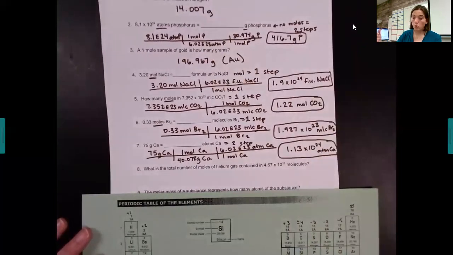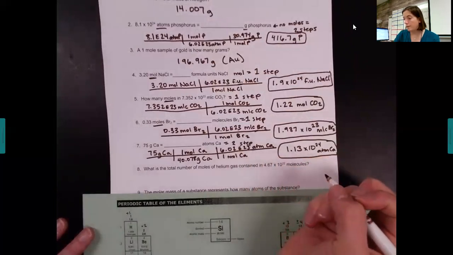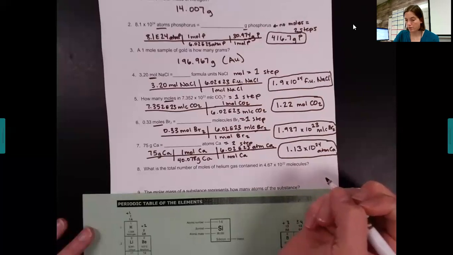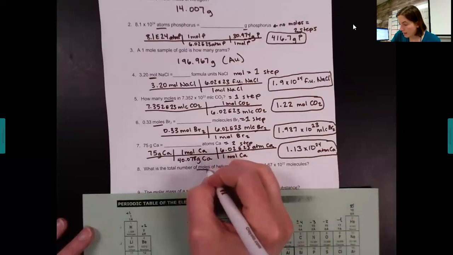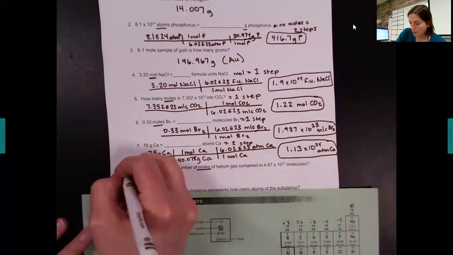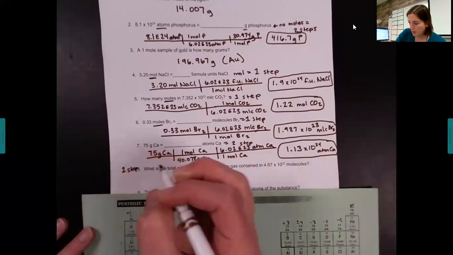Next, what is the total number of moles of helium gas contained in 4.67 times 10 to the 24th molecules? It's asking us for moles, so that's how we know it's a one-step problem.